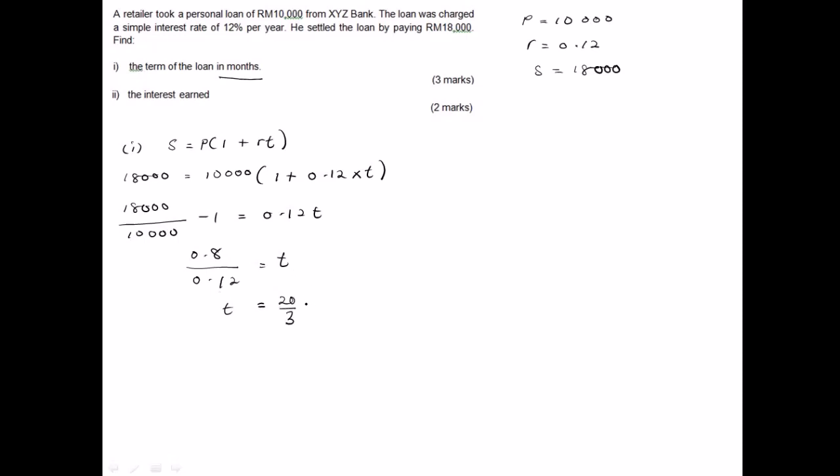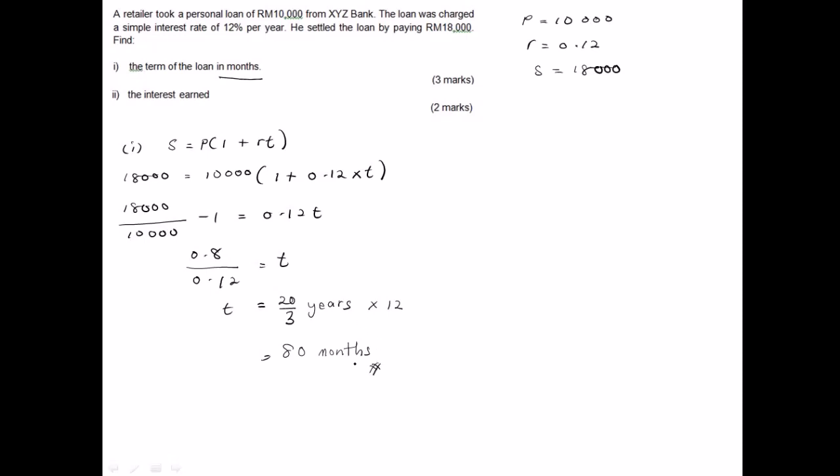And remember, our T is in years. Since the question wants the term in months, multiply by 12, because there are 12 months in 1 year. So 20/3 multiplied by 12. Our answer is 80 months.